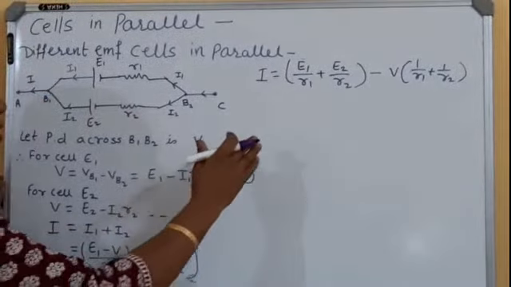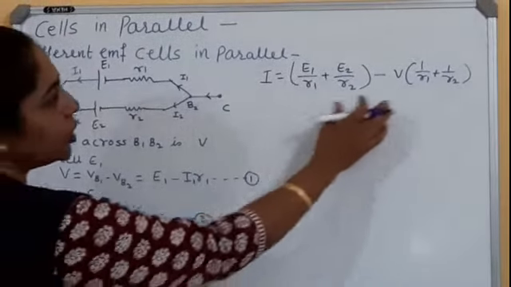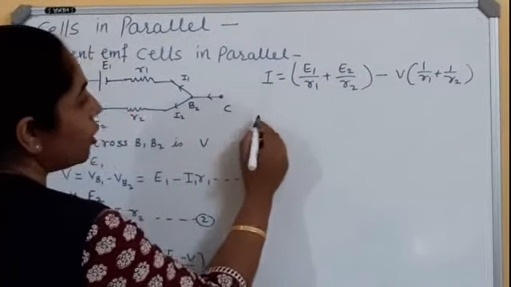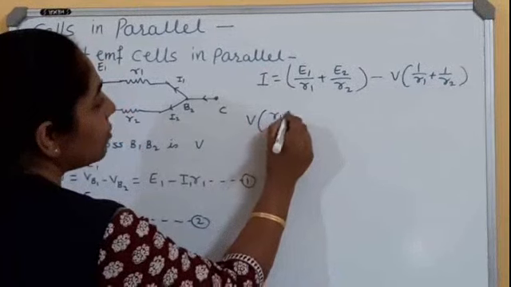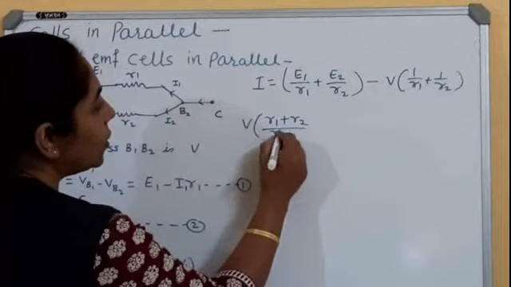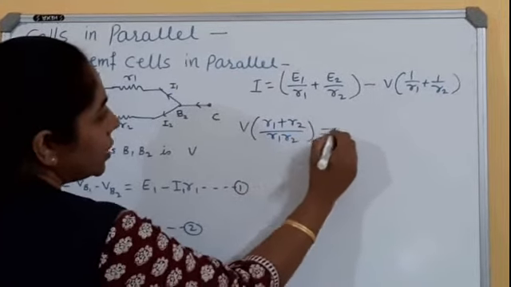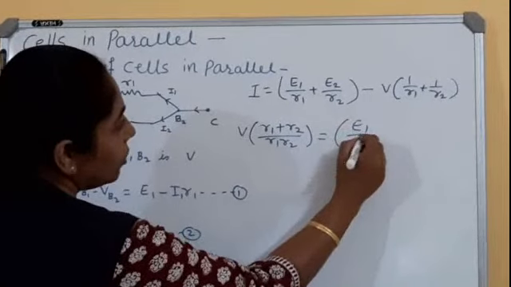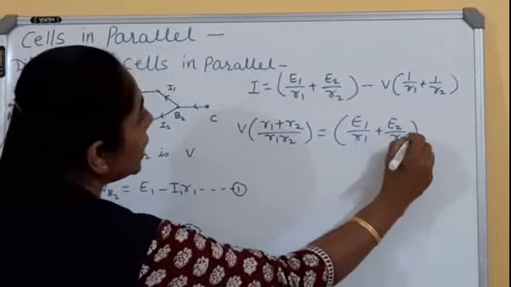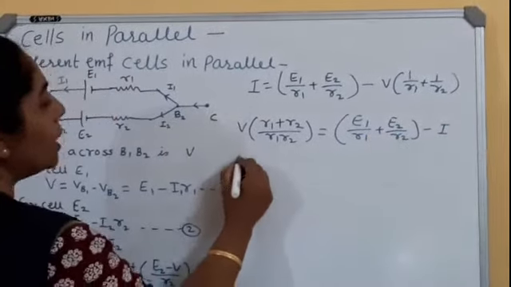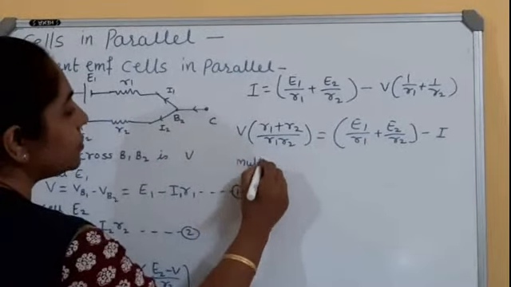Now we have to find the equation for terminal voltage. So we will arrange the equation for V. V into LCM, it will be r1 plus r2 upon r1 r2, is equal to E1 upon r1 plus E2 upon r2, as it is, minus I. Now multiply both sides.